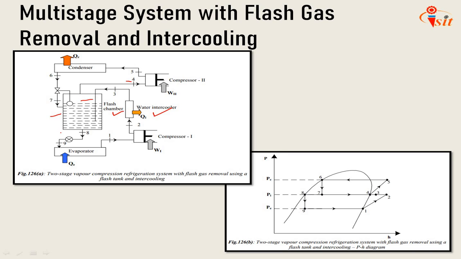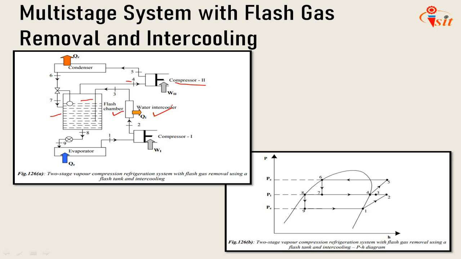This system offers several advantages. First, the quality of refrigerant entering the evaporator reduces, thus giving rise to a higher refrigerating effect, lower pressure drop and better heat transfer in the evaporator. Second, throttling losses are reduced as vapor generated during throttling is separated in the flash tank and recompressed by compressor 2.